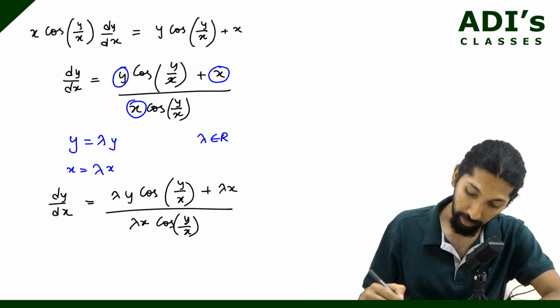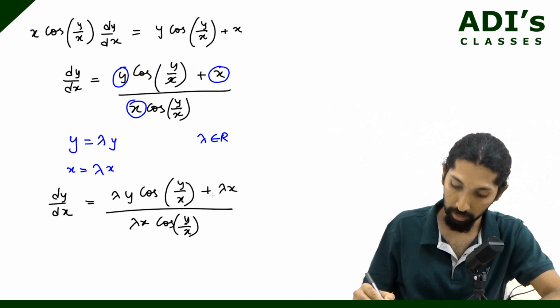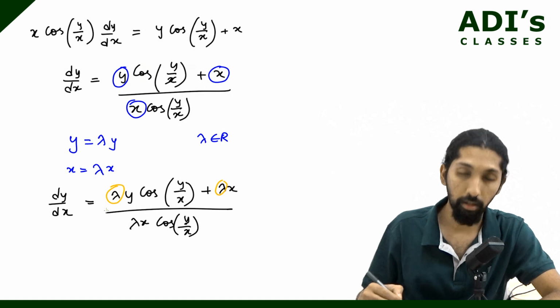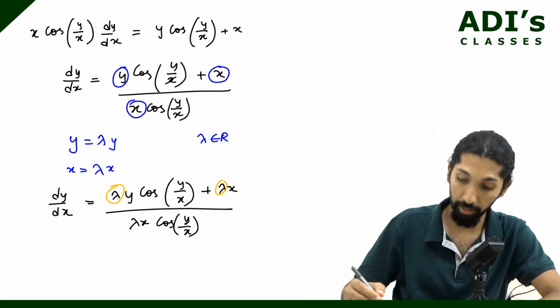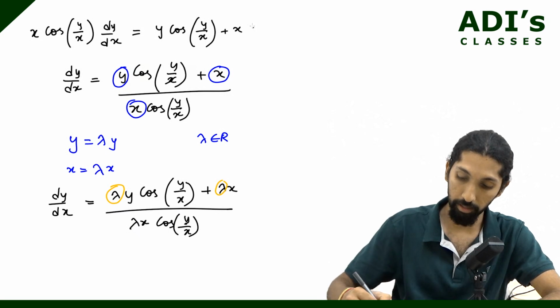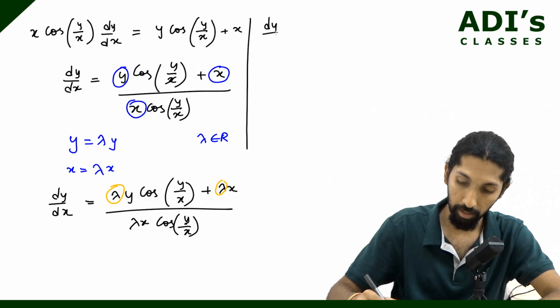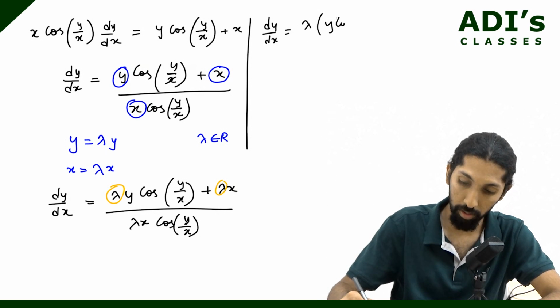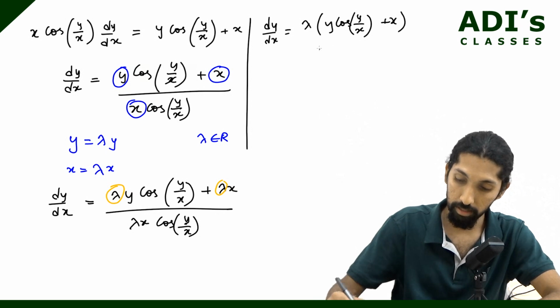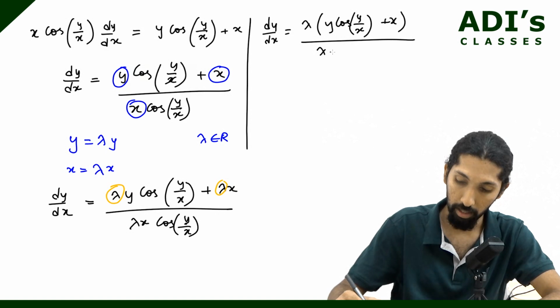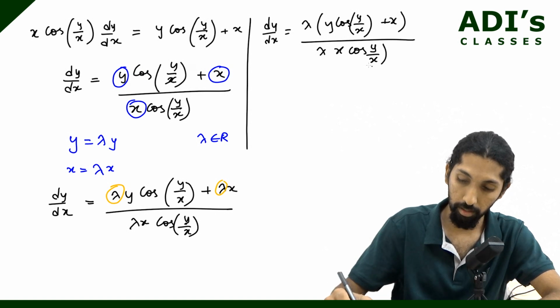If you look at this, there is one lambda, there is one lambda. Don't you think we can take lambda common? Now if you take lambda common, then dy by dx equals lambda into y into cos of y by x plus x divided by lambda into x cos of y by x.